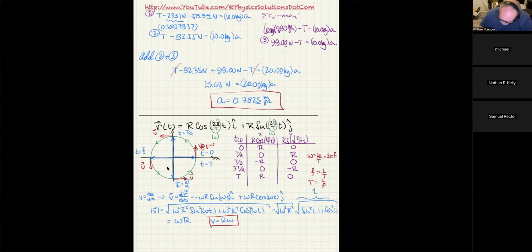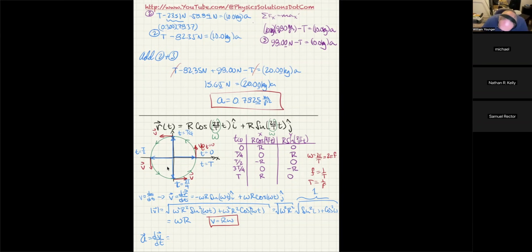Now we can also take the acceleration, and that's kind of interesting. The acceleration is equal to dv over dt. So I have the velocity vector. We just calculated that. The acceleration would be taking the derivative of that. So if I take the derivative of negative omega r times sine omega t, the derivative of sine is cosine.